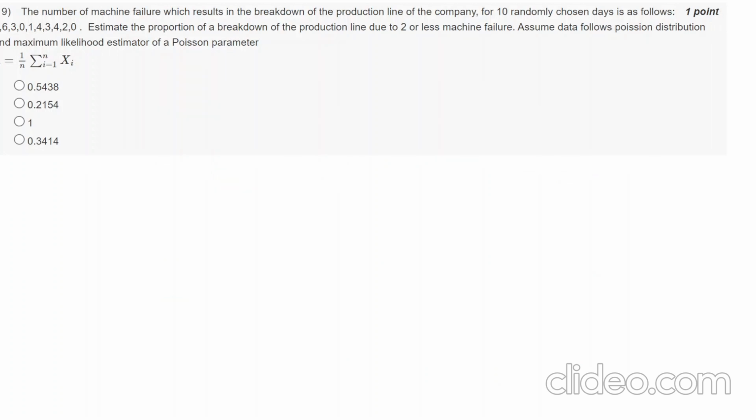So moving forward to the ninth question. The number of machine failures results in breakdown of production line in a company for 10 randomly chosen days. So n is 10, and they have taken the number of machine failures which can lead to the breakdown of the production line.